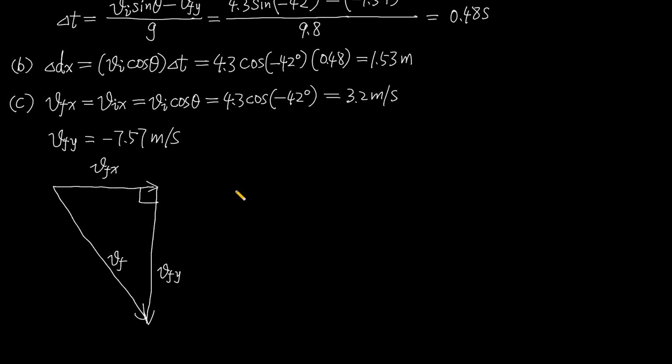So from this graph, we know that the magnitude of its final velocity equals the square root of the magnitude of its final horizontal velocity squared plus the magnitude of its final vertical velocity squared.